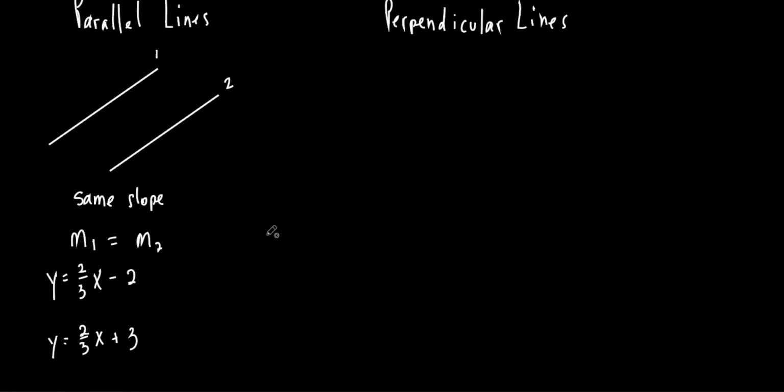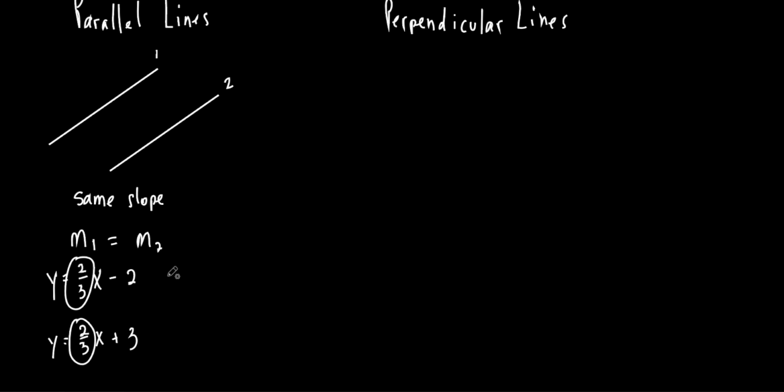Yeah? Okay, they're parallel. How do you know, Donnell, that they're parallel to each other? Just by looking at them. They have the same slope. Exactly right. That's exactly what I was looking for. Okay, see that slope is 2/3, and see that slope is 2/3? What does that automatically tell you about those two lines? They're parallel to each other. Everybody see that? All right.